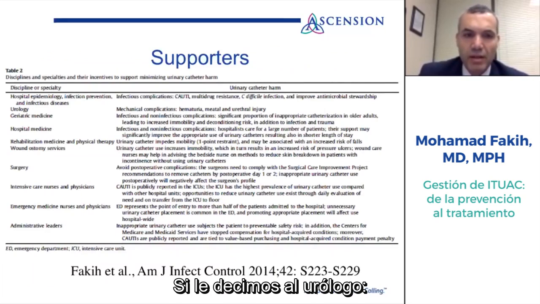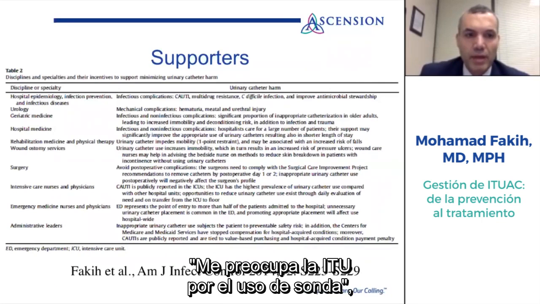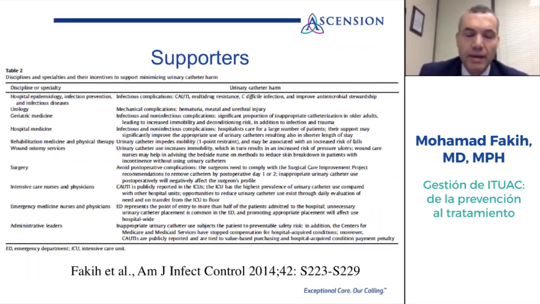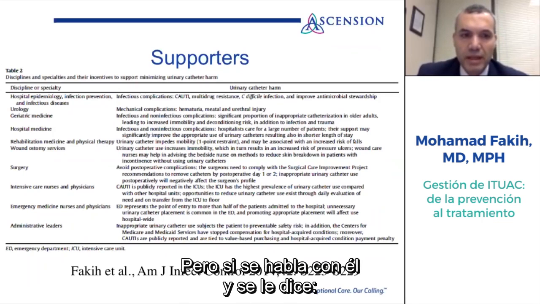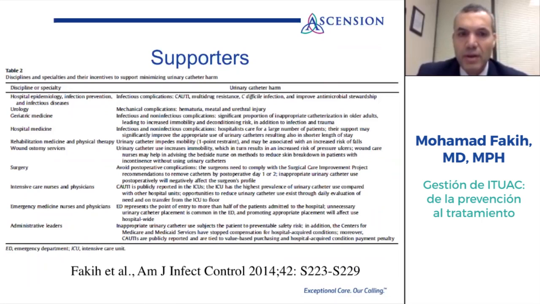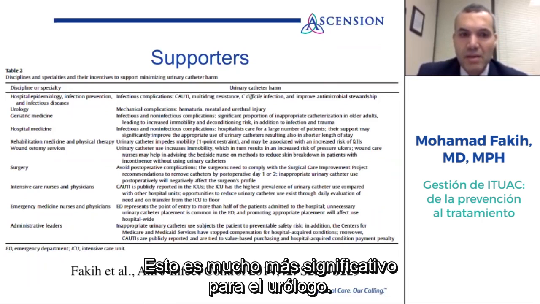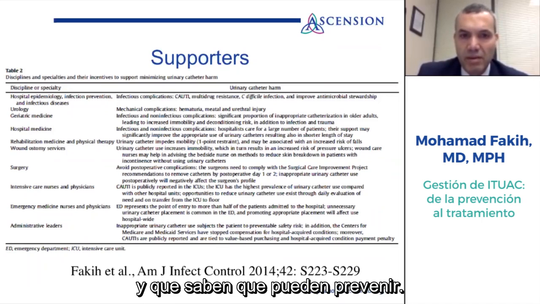So for a urologist, if you tell the urologist, I'm worried about catheter-associated UTI, the urologist is not going to be as much of a supporter. But if you can talk to the urologist and say, these catheters end up causing hematuria, injury to the bladder, these are much more meaningful for that urologist because these are issues that he or she will not really like to deal with, and they feel that these are preventable.